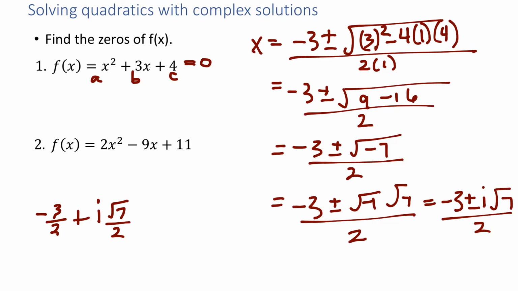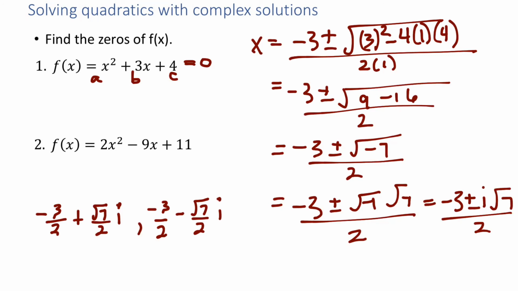Sometimes you're going to see that i on the other side, and I think that's how they do it in the software that is used for our homework problems, like this. So that's a plus bi, and then you give it a comma. I'm going to list the other zero. So it'd be negative 3 over 2 minus root 7 over 2 i.